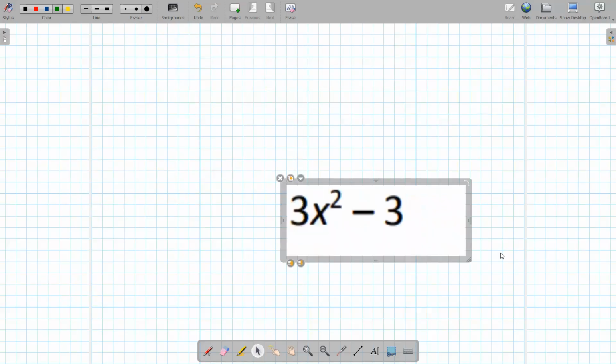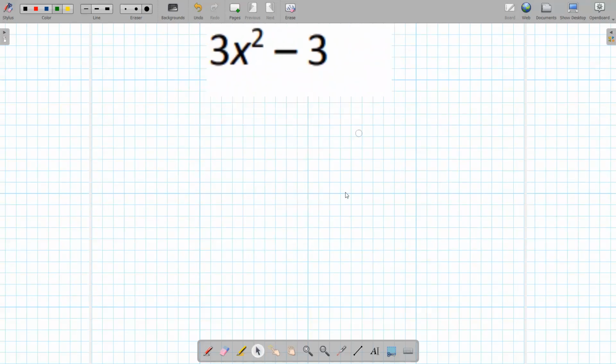What about this? Can you just pull out 3? Yeah. And you're left with x squared minus 1, right? Now, can you factor this? No. Oh, yes, you can.